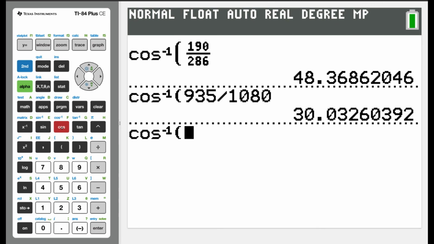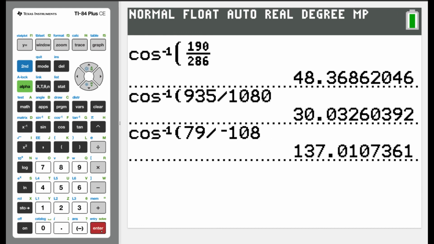Here, and I'll say 79 divided by negative 108. And here I got 137. Now, if yours came up and said syntax error, make sure that you're hitting your negative. Negative is down here to the left of enter. Do not hit subtract.